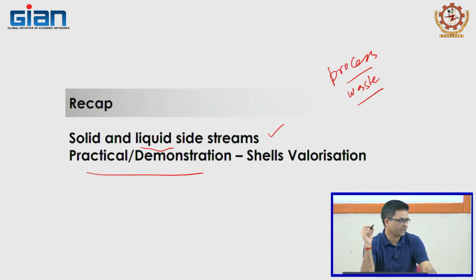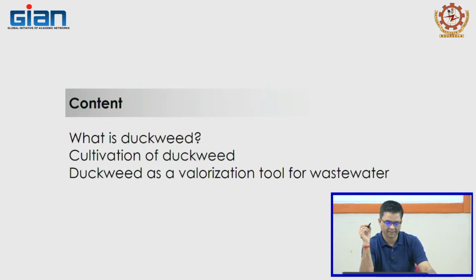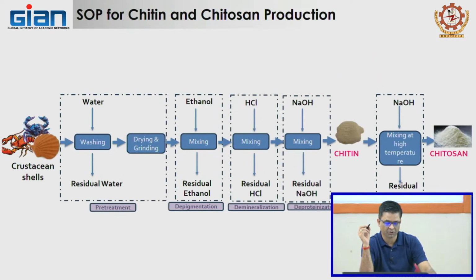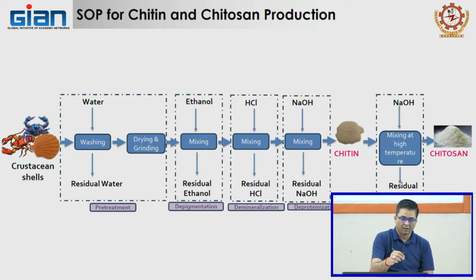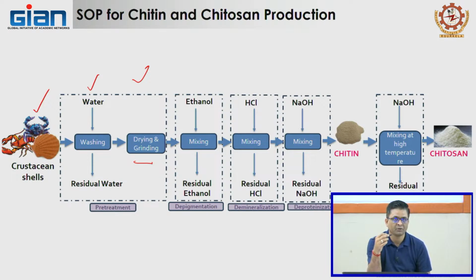So what was practically done yesterday was shells, which colleagues from Rourkela got, washed, and already dried. What they did not do was the grinding part. If you grind it, you reduce the particle size and dissolution becomes faster.